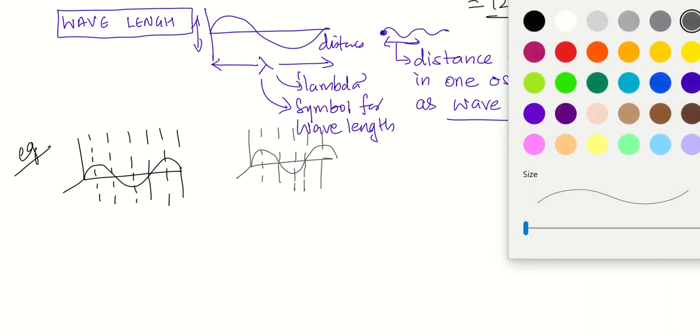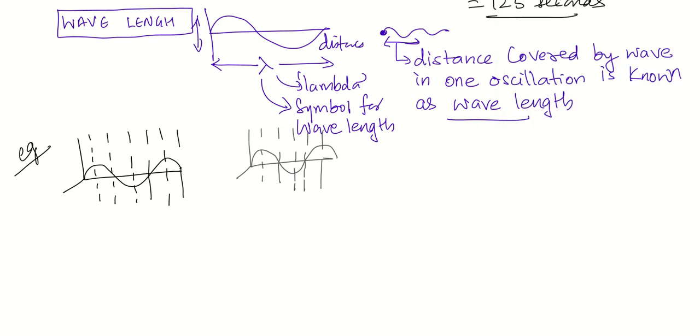In this data they are giving me 0.2, 0.4, 0.6, 0.8, and they are saying this is time. Same thing here also, they are giving me 0.1, 0.2, 0.3, 0.4.